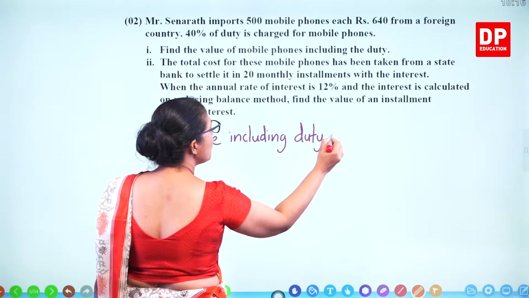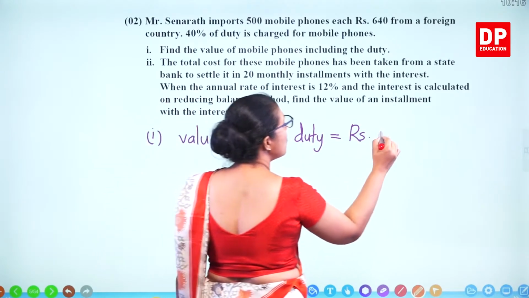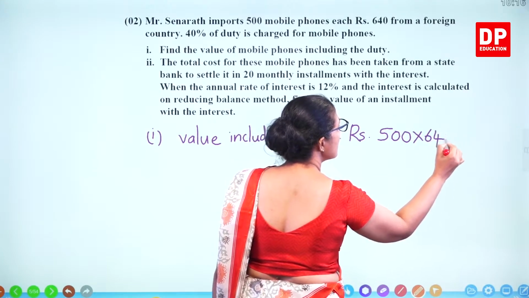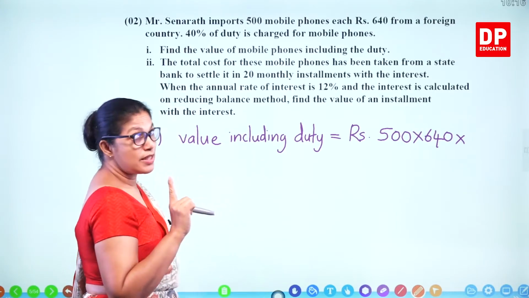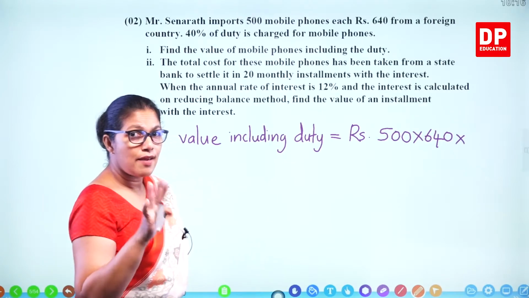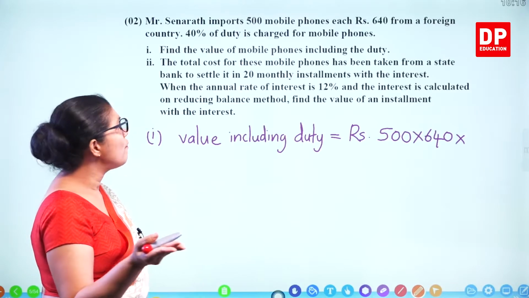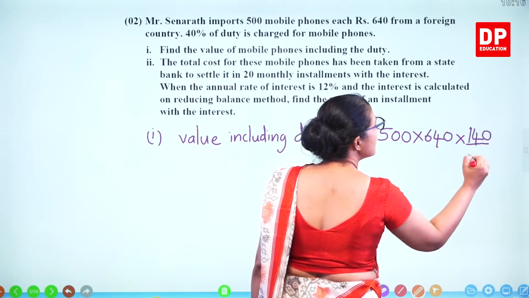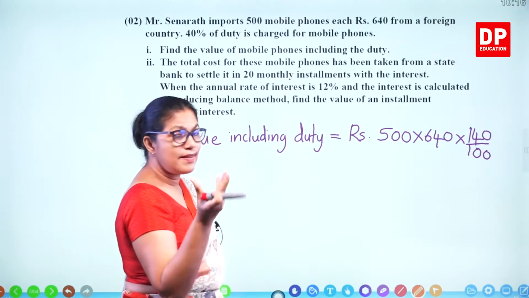First you need to find out the amount for 500 mobile phones, 500 each 640. And then the duty, 40%. If you buy 100, with 40% tax you need to pay 140. So 140 over 100, because we need the value including duty, not only the tax.